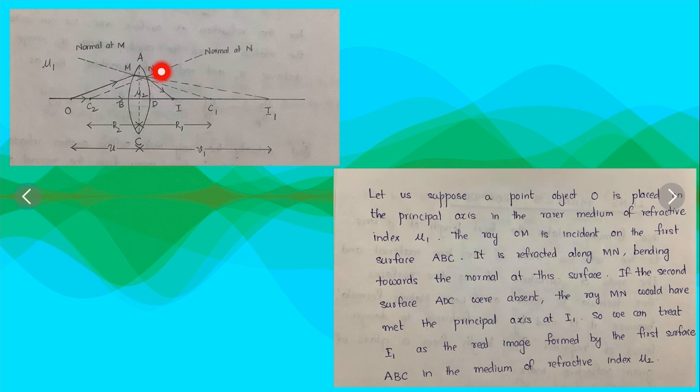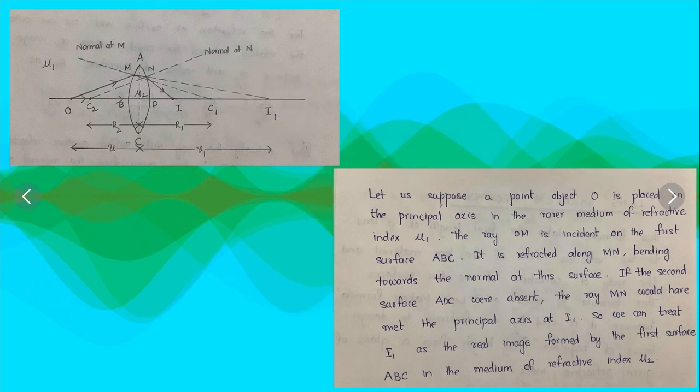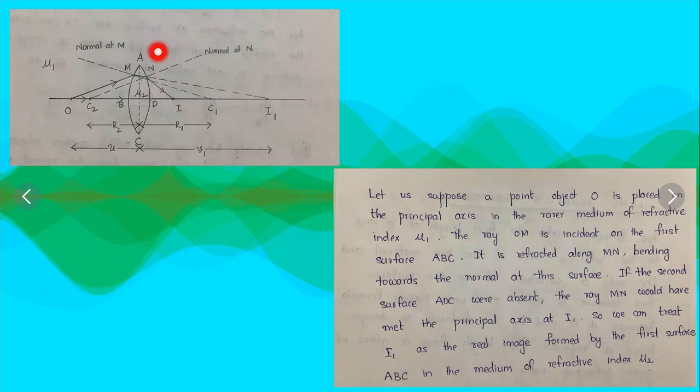Imagine this second surface ADC is not present; then this ray, after bending, would have travelled straight like this. It would have met the principal axis at I1. So we can treat this I1 as the real image formed by the first surface ABC, the first image formed by the surface ABC.